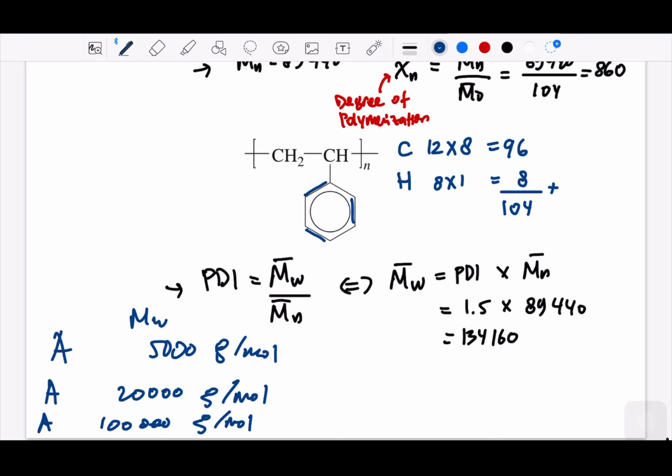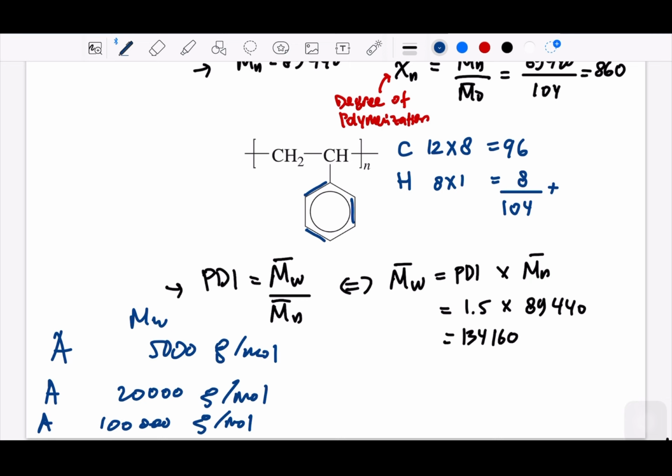If the molecular weight is larger, it can be a precipitant. In the middle, the same polymer can be used for washing, like detergent. So it has different applications. That's why the molecular weight is really important.